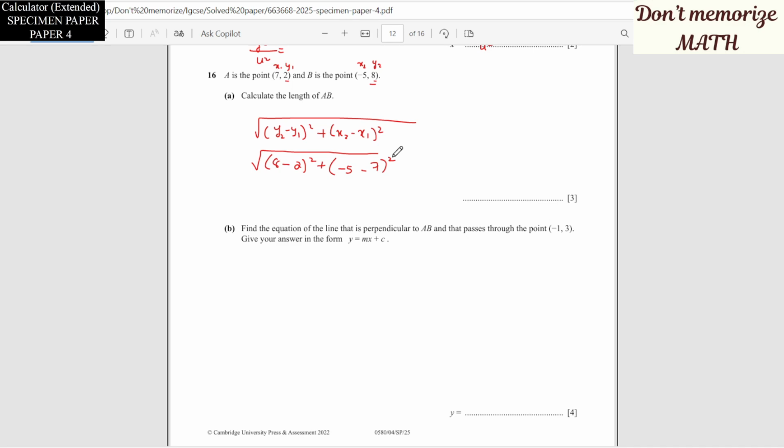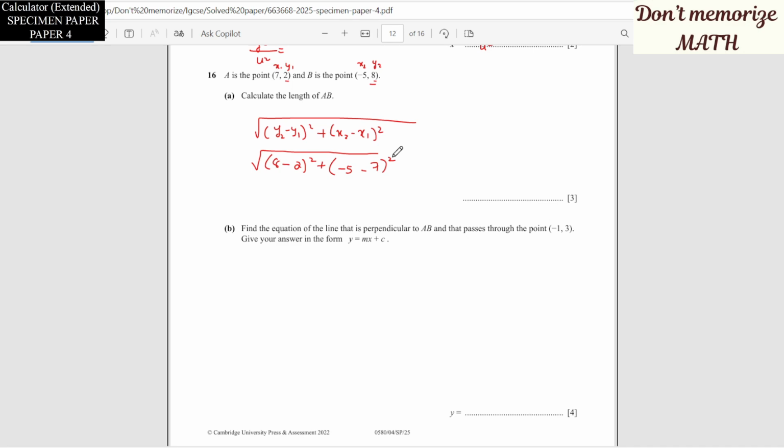Directly the same thing you can put in the calculator: square root, open the bracket, 8 minus 2, close the bracket, put square, plus open the bracket, minus 5 minus 7, close the bracket, put square, press equal to.